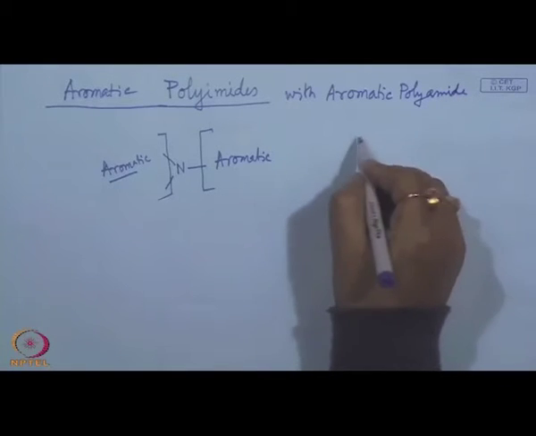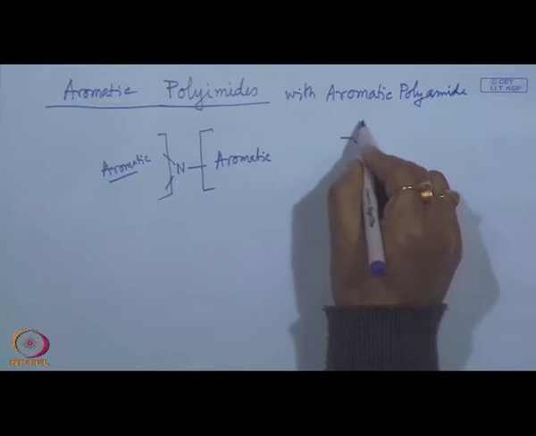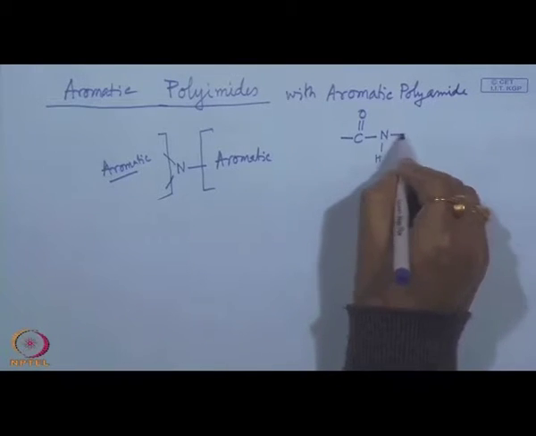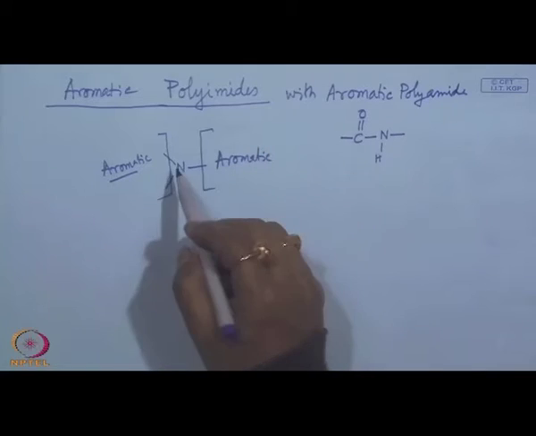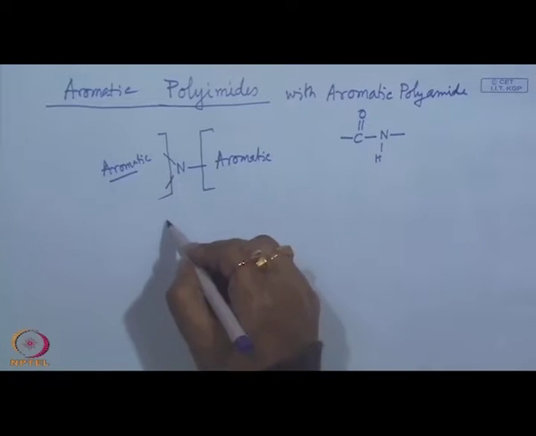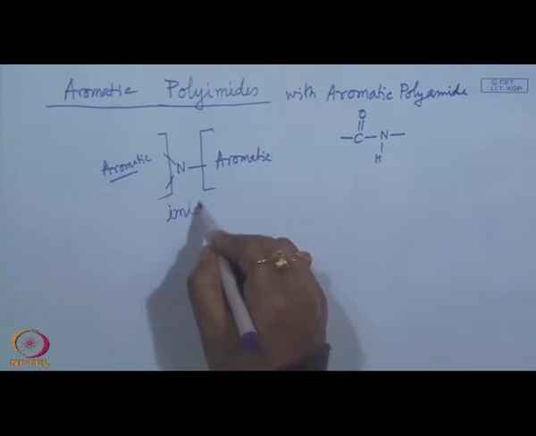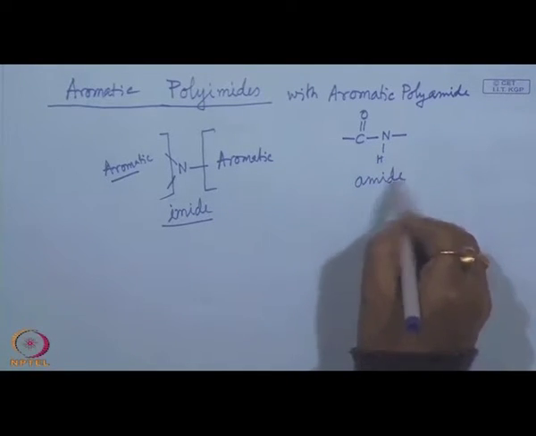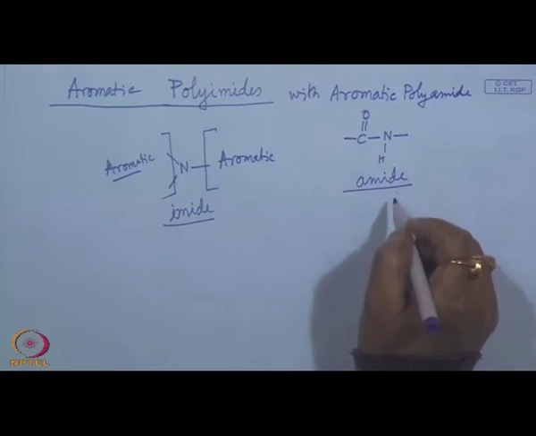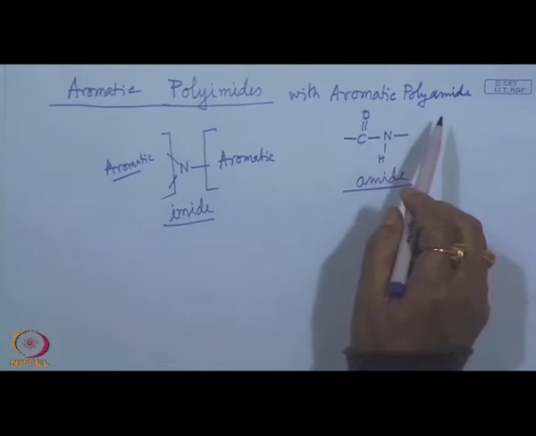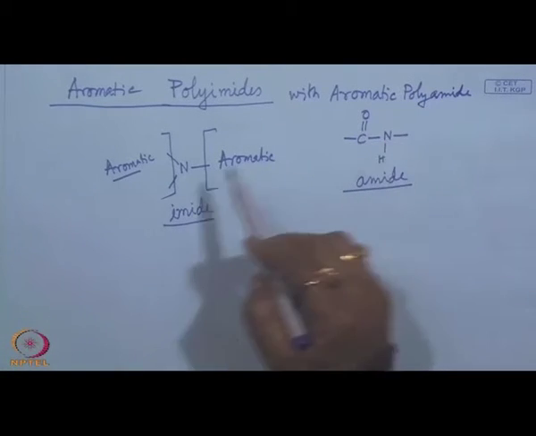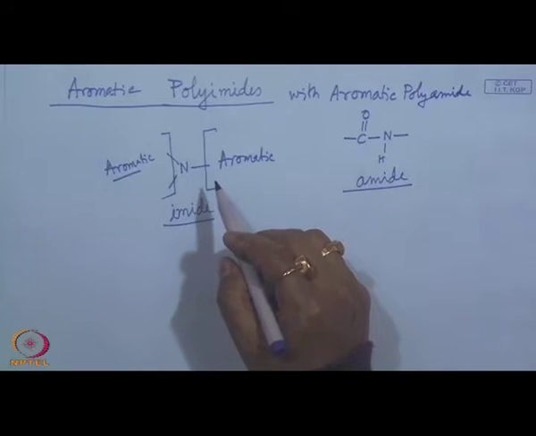This polyamide contains this amide linkage, CONH, whereas polyimides contain this imide linkage. So, if there is presence of amide linkage, we call it polyamide or nylons, aromatic nylon or aliphatic nylon, and if there is imide linkage, we call it polyimide.